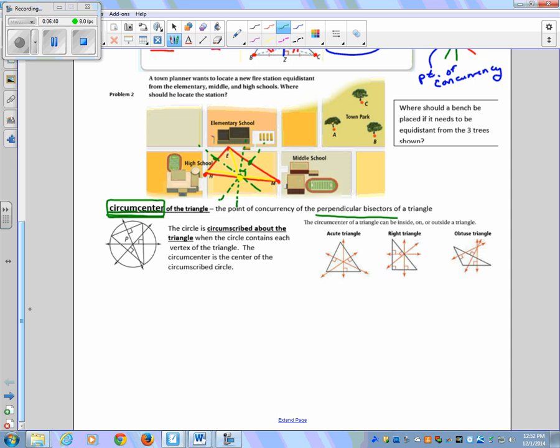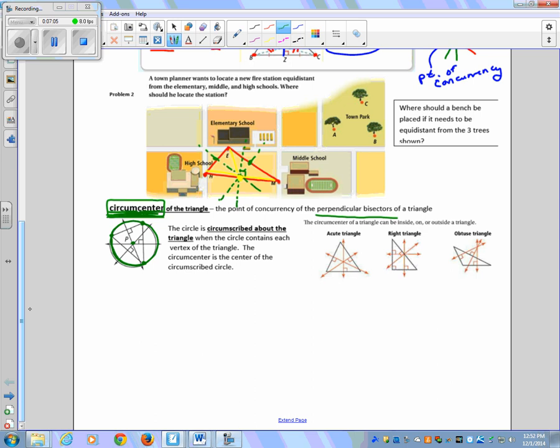Center. Okay? So, the circle that we can draw with the circumcenter as its center is going to pass through all the vertices of the triangle, these 3 points.